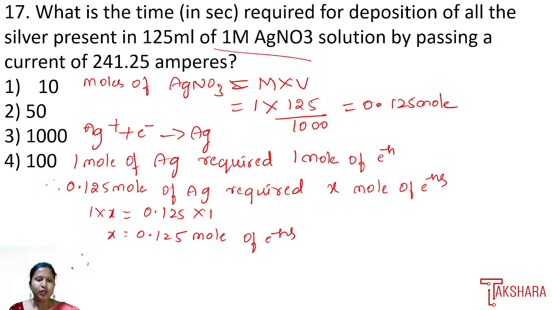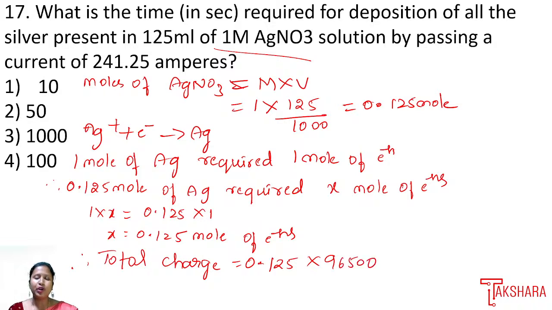Okay, therefore total charge is equal to 0.125 into 96,500. Therefore 0.125 into 96,500 is equal to I into t, where 241.25 ampere is given. So this is Q equals I t. I am substituting the value.